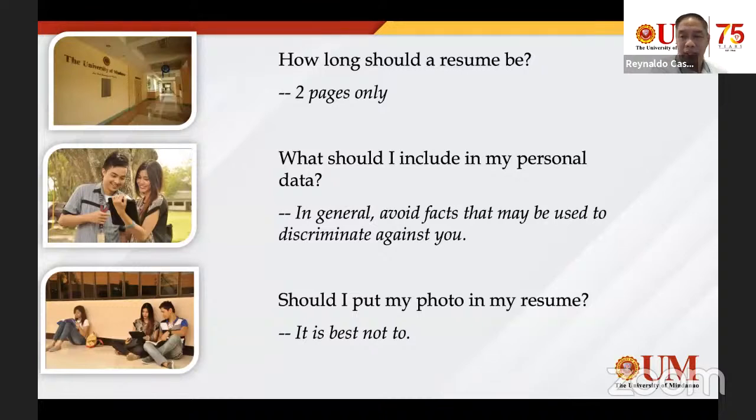My suggestion is no. Unless you're applying for a modeling career, then maybe, but otherwise, what is the connection of how you look to the position? Later on they will require you to submit a picture, but not at the first stage of your application.